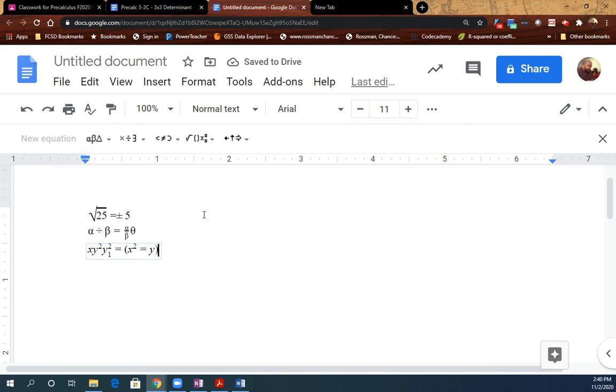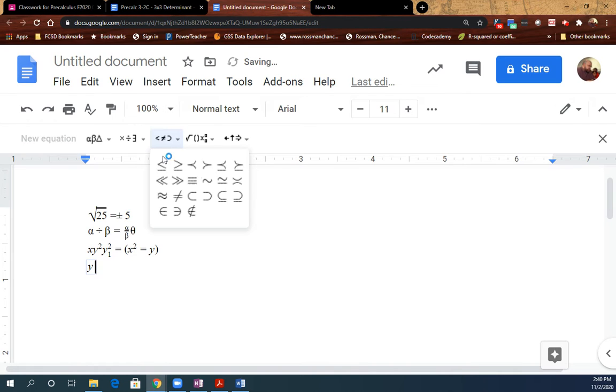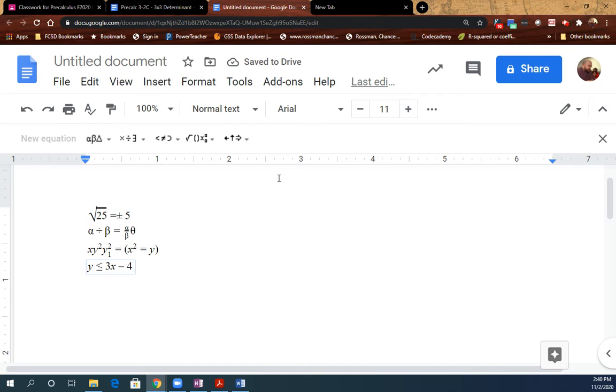If I want to do inequalities, the equation, y less than or equal to 3x minus 4. I want to do a volume. I might say volume is equal to length times width times height.